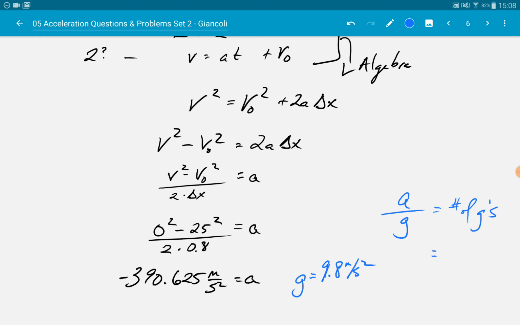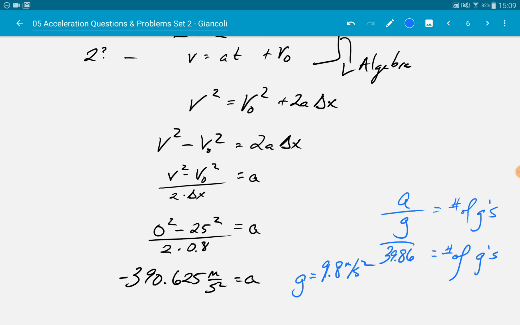And if it was 19.6, which is double that, then you'd have 2g's. So I take my acceleration divided by g, and I'll get the number of g's. It'll be negative, but again, that's just pointing to the left. So I take my 390.625 and divide it by 9.8, and I get 39.86. And that's the number of g's.